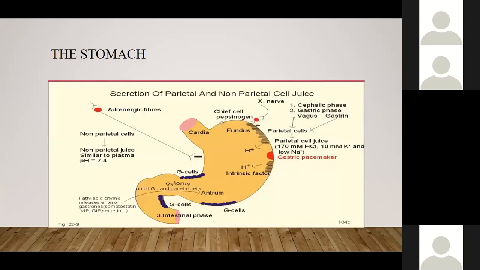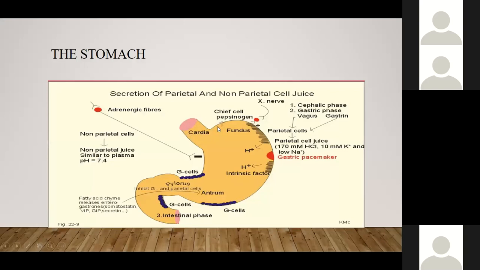So I put this slide here to remind us of our physiology and maybe partly the anatomy of the stomach. You can see the various parts of the stomach. There's a part that joins the esophagus up there, which is called the cardia, and up here you have a sphincter, which is called the cardiac sphincter.